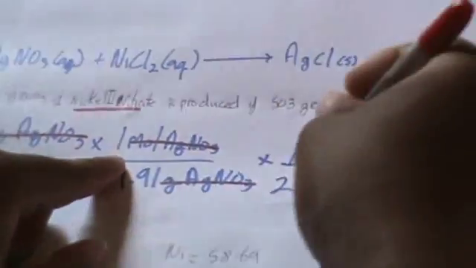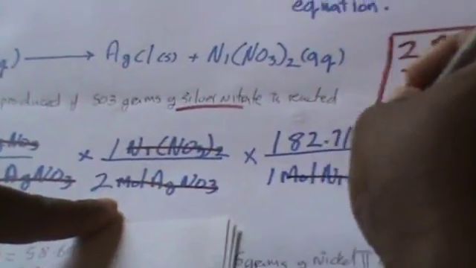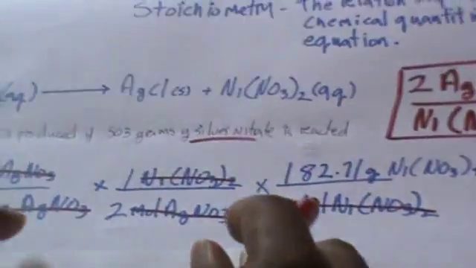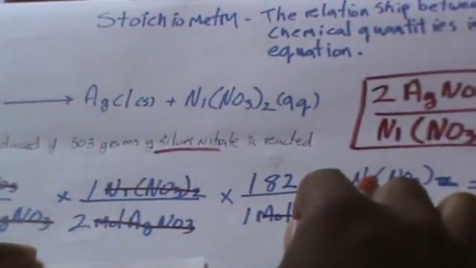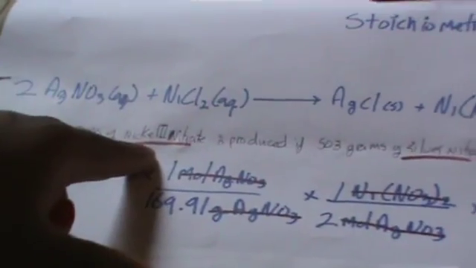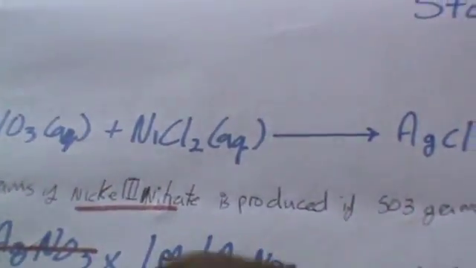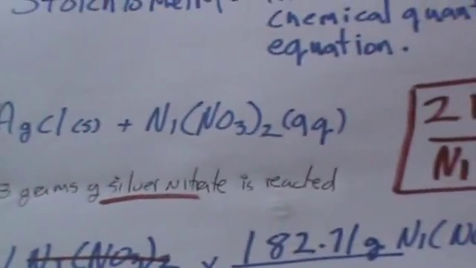We have the moles of NO3, so these can eliminate each other, and then these can eliminate each other as well. So now we're left with how many grams of nickel nitrate, which is what the initial question asked us.